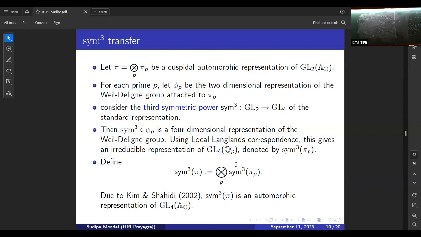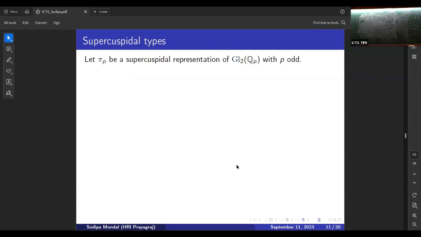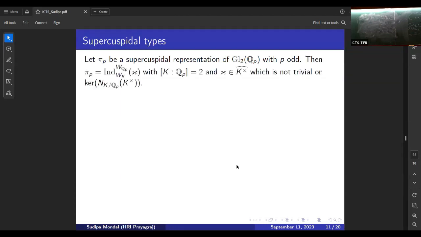Now, fix an odd prime p, and consider the supercuspidal representation pi p. So on the Weil side, for pi p we have phi p here. So that phi p will look like induction of a character of a quadratic extension of Qp, such that the character does not factor through the norm map. Okay, I should write it as phi p, but I have written it pi p.